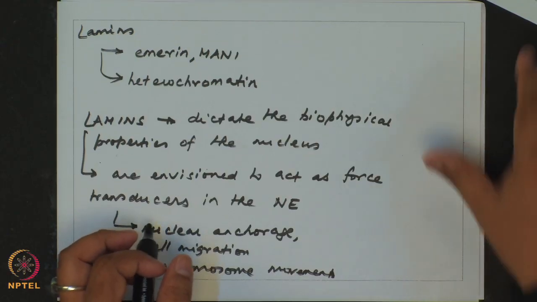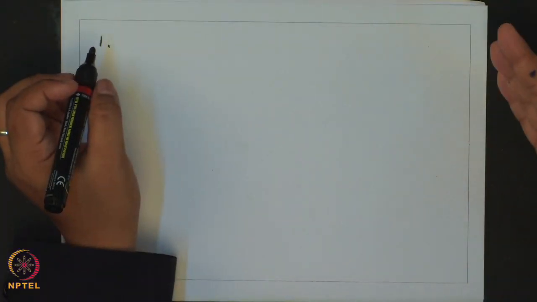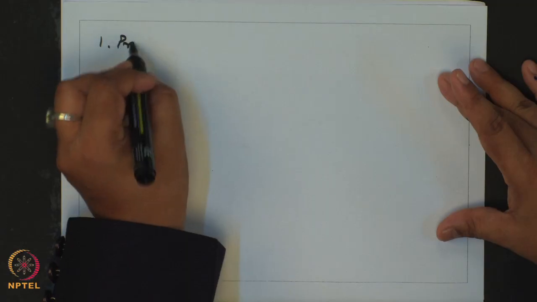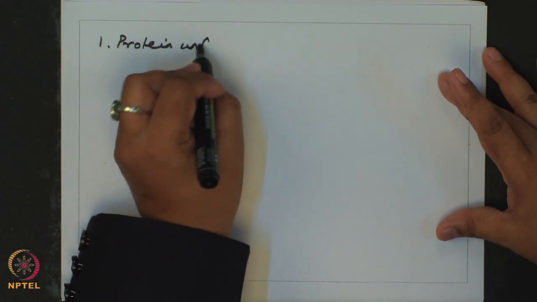So, there are various mechanisms which have been proposed as to how forces transmitted to the nucleus might lead to a signaling cascade controlling gene expression. One is, like we saw for ECM proteins like fibronectin, you might have protein unfolding as one of the mechanisms.